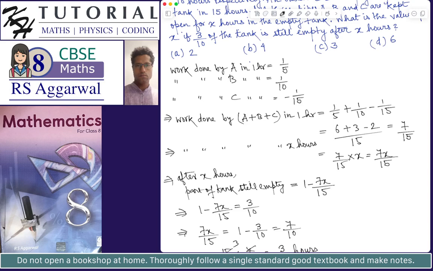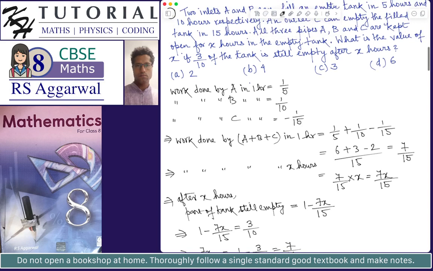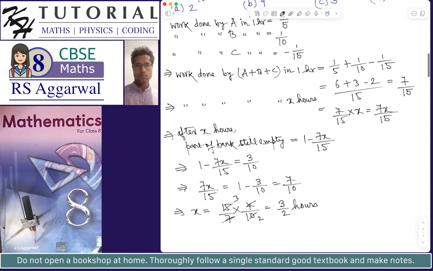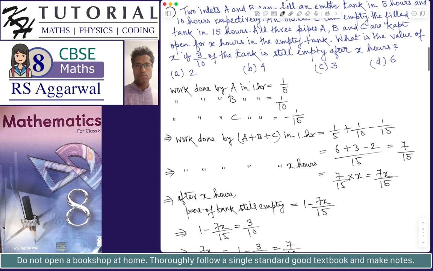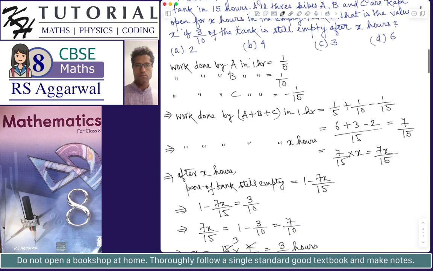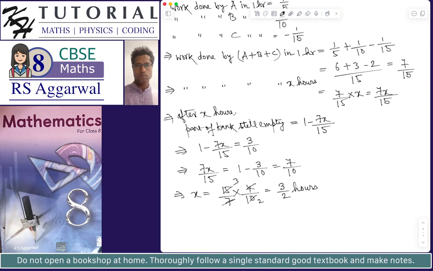Then after x hours, the part of the tank which will be empty is 1 minus 7x by 15, which should be equal to 3 by 10. So we solve the equation 1 minus 7x by 15 equals 3 by 10. From here we get 7x by 15 is equal to 1 minus 3 by 10, which is 7 by 10.